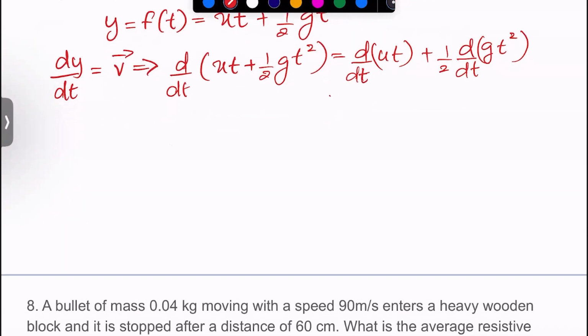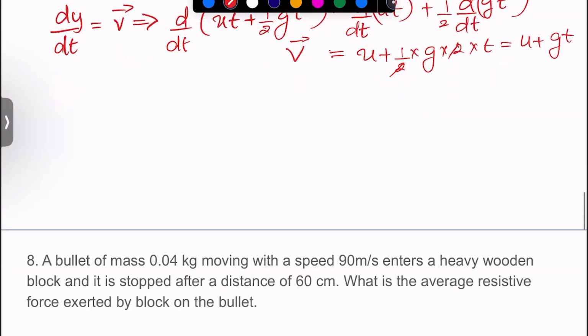So that will become u plus half into g into 2 into t. The 2 cancels out, and that becomes u plus gt. So this is velocity, right?